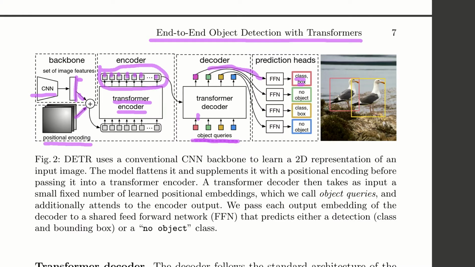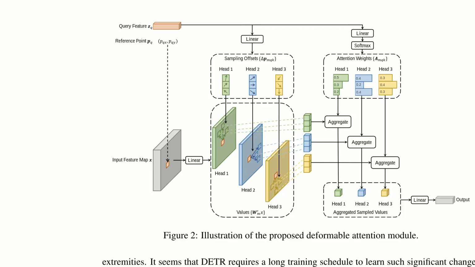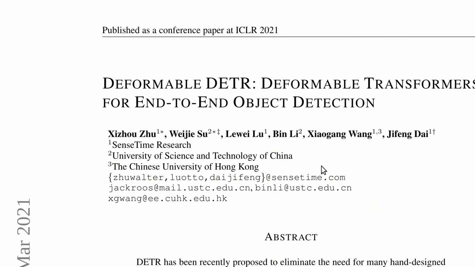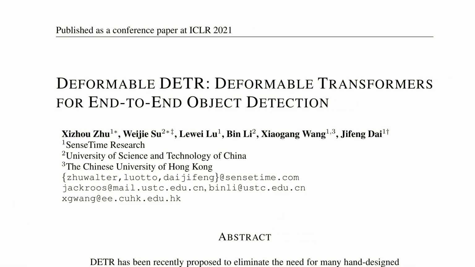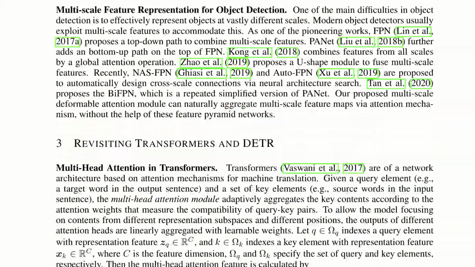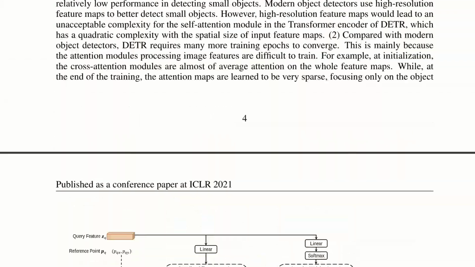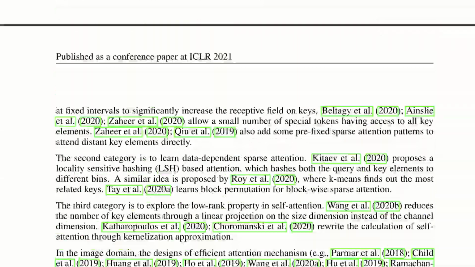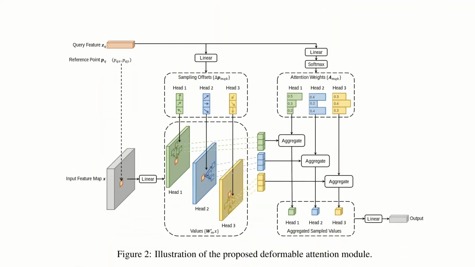It's the paper called Deformable DETR, Deformable Transformers for End-to-End Object Detection. Now we just jump directly to these figures. Let's have a look at the upper one.